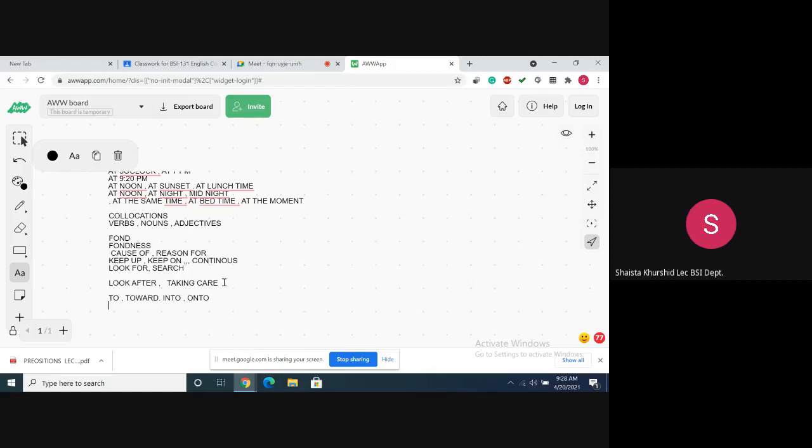To is used when, for example, somebody is going to school, going to the library, going to a room, or things like that, into the room. It means that is a specific direction, the person is actually going to that place.